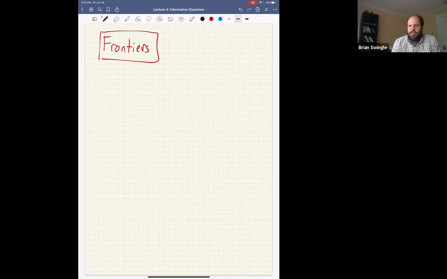So in the final couple of minutes, I just want to mention one frontier. There's a lot of things one can do. So first of all, you can try to imagine extending this model to all kinds of other situations. For example, you can consider all-to-all interactions or power law interactions or models defined on graphs.